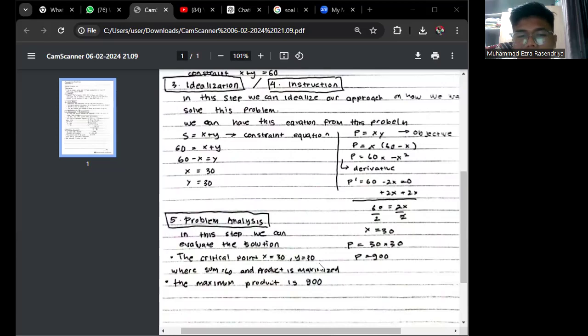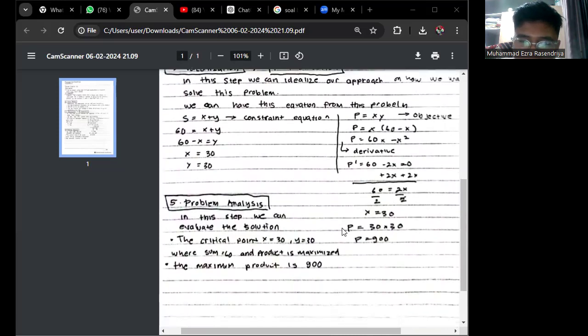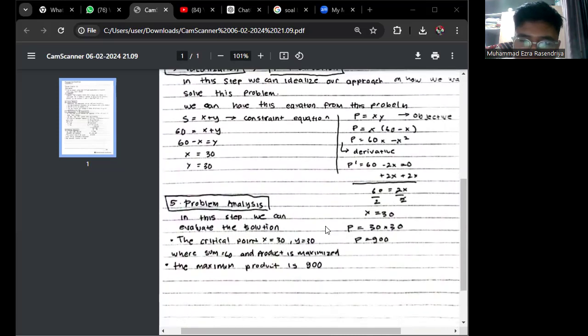This x and y is where we can get the maximum product, which is 900, and it sums up to 60. So the answer to this question is that the maximum product is 900 and x and y are 30. And it still sums up to 60.